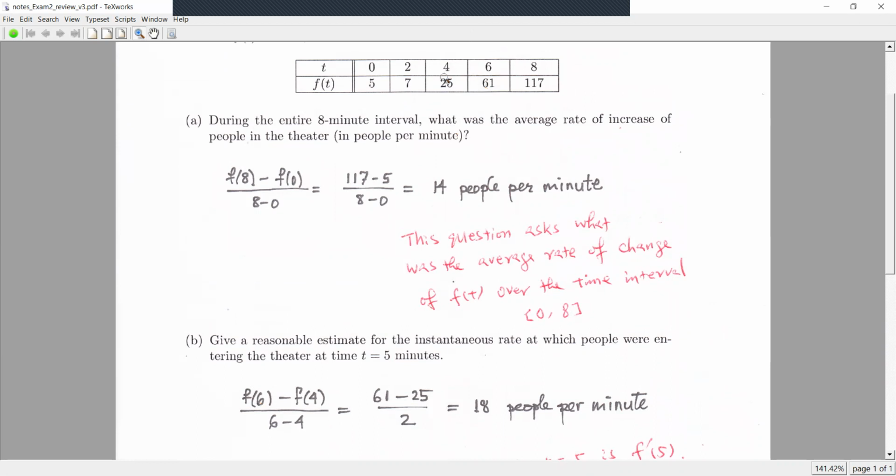The function value at 4 is 25. Then I have this equation. By calculator, this number is 18. So I estimate the instantaneous rate at time t is 5 is 18 people per minute.